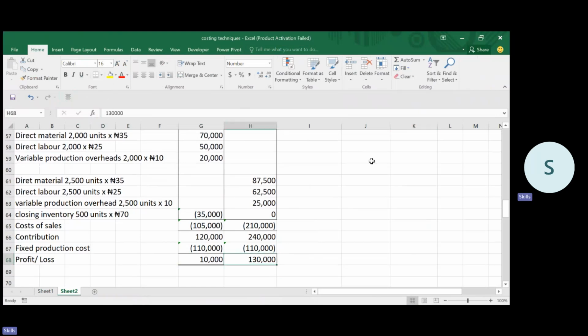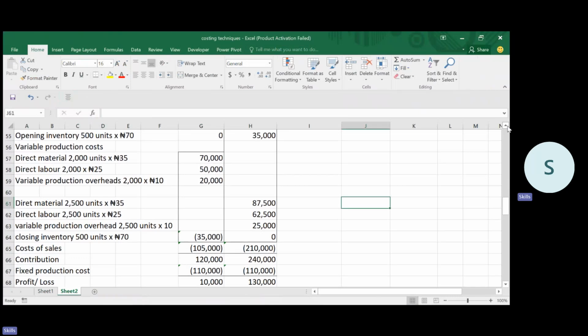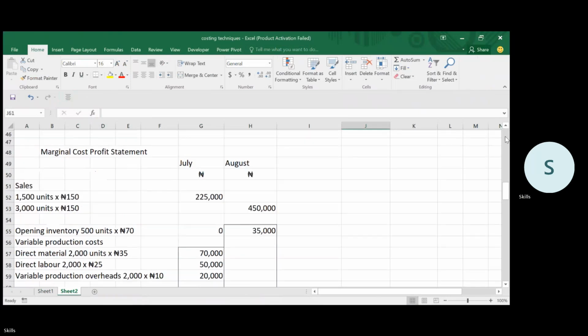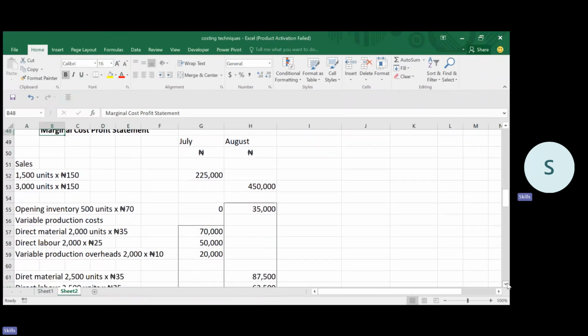So this is how to present a statement of profits using marginal costing. Marginal costing profit statement. This is how it appears. I hope this is clear. This is how you present a profit statement using marginal costing.